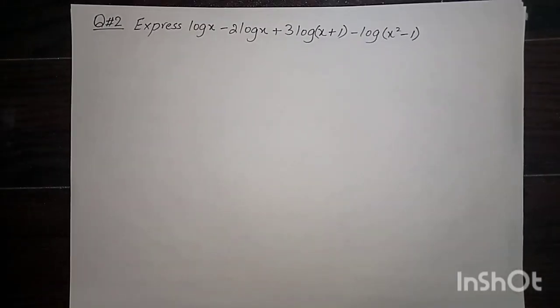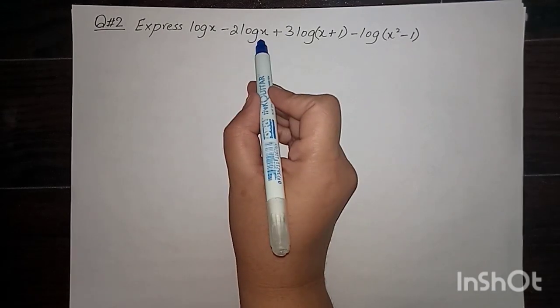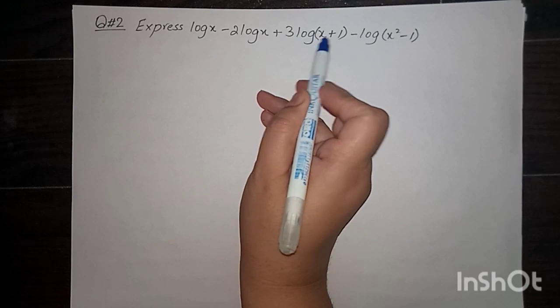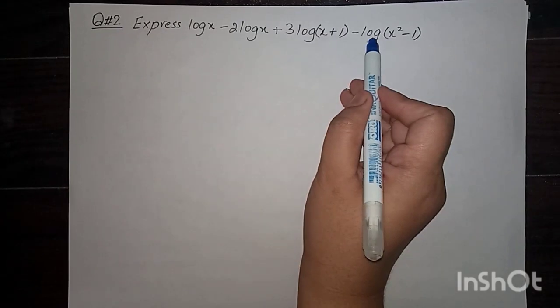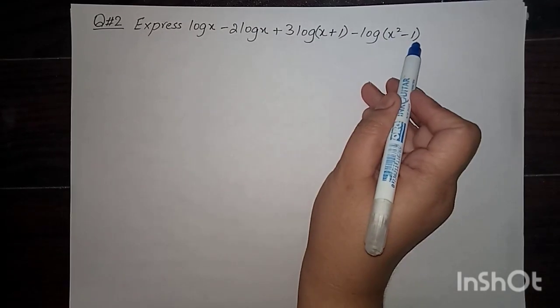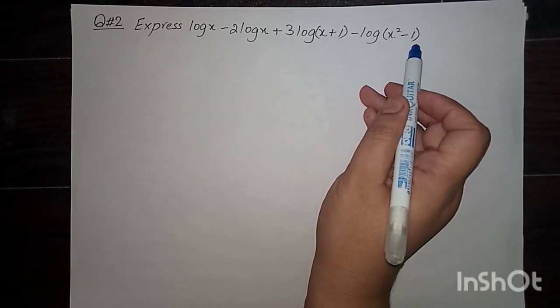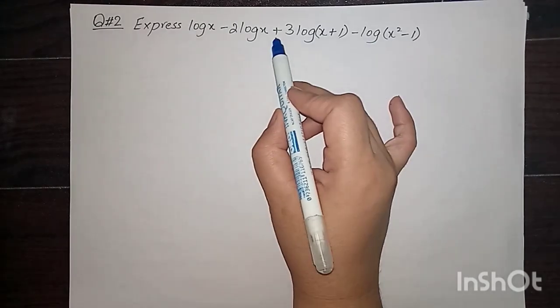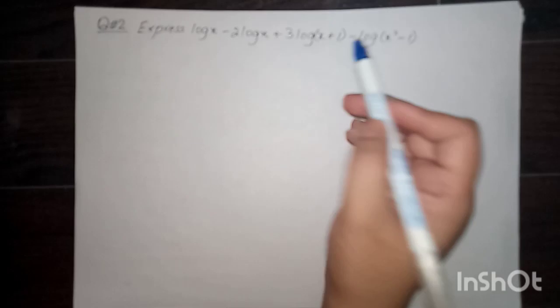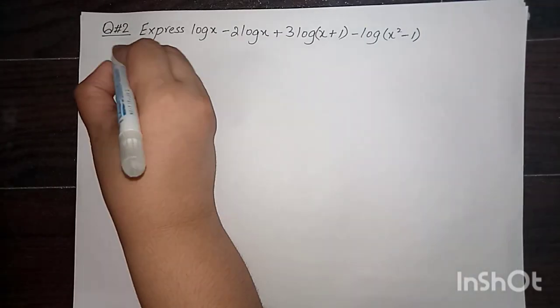Now question number 2. Question number 2 is: express log of x minus 2 log of x plus 3 log of x plus 1 minus log of x square minus 1 into a single logarithmic form. This form is in plus or minus form. We will convert it into a single logarithm form.